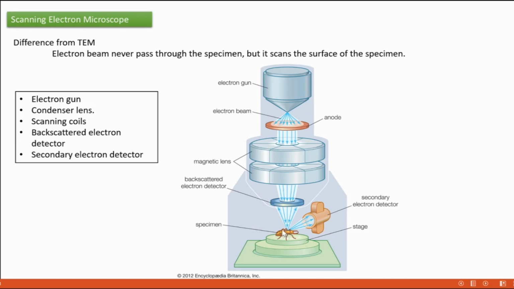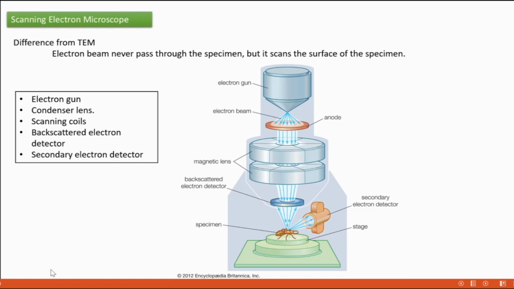Instead, some X-ray radiation is emitted, and for detecting that X-ray radiation, X-ray detectors are present. The presence of X-ray detectors only allows us to understand the composition of the material. It will not help us to understand the surface or shape or anything else about the specimen. Instead, it only helps to understand the composition of the specimen.